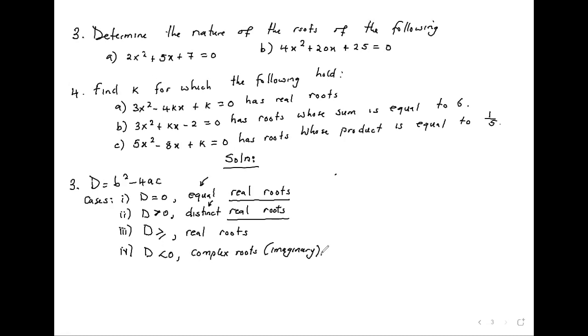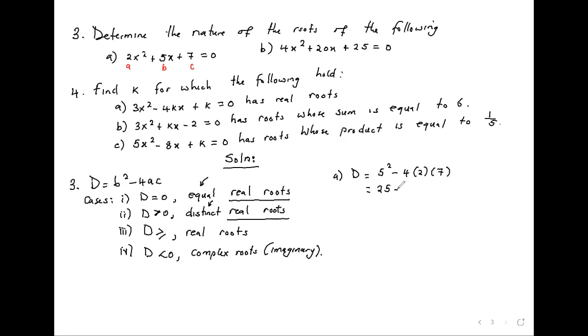So for case A, we just find the discriminant. If you look at our A, B, C, D is B squared minus 4AC, so we get 5 squared minus 4, A is 2 and C is 7. What value do we get?